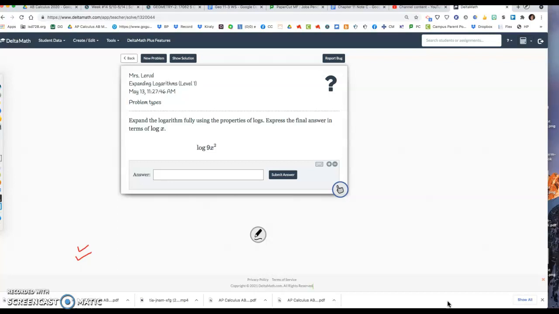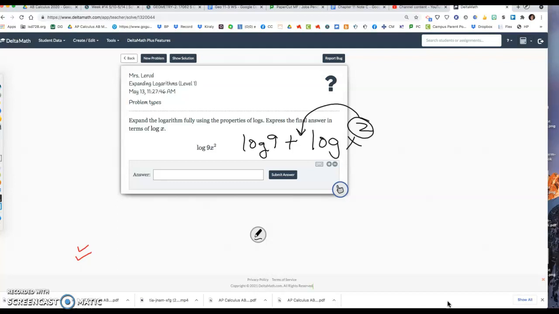So we're going to start first of all, and if I read this, I'd say 9 times. The minute I say times, I say that goes to addition. So I'm going to say log of 9 plus log of x squared. Log of 9 is done, but for the log of x squared, like we just said, the powers come out front.